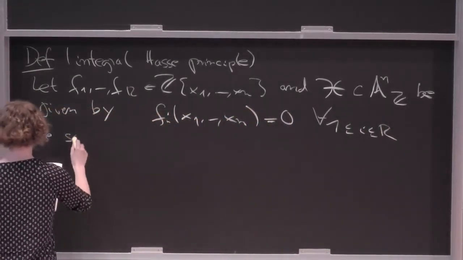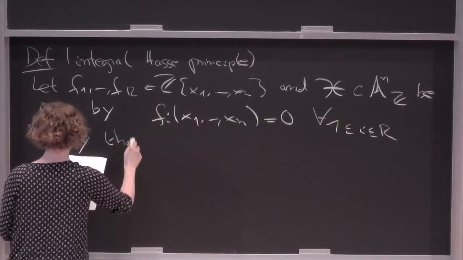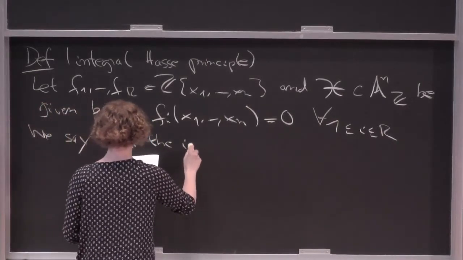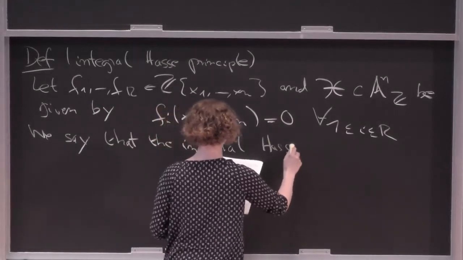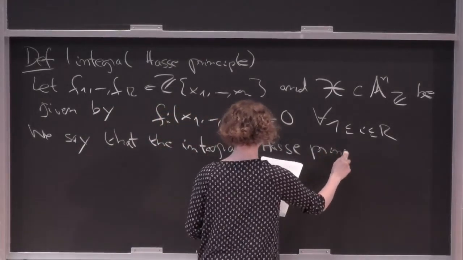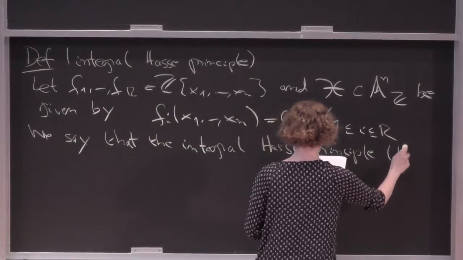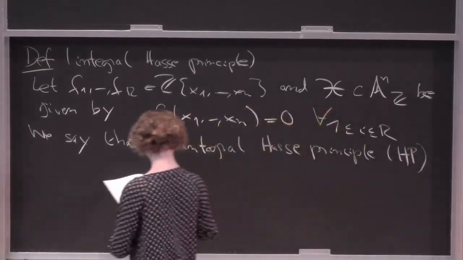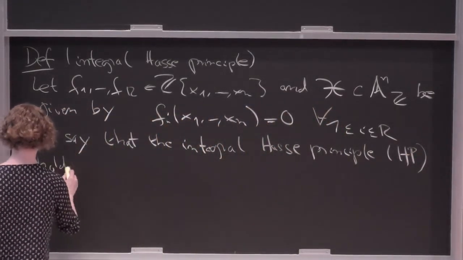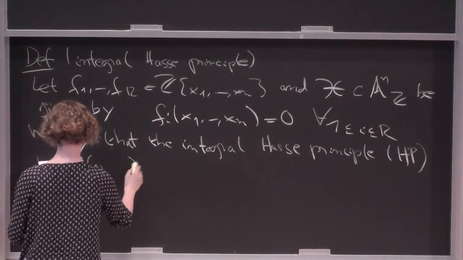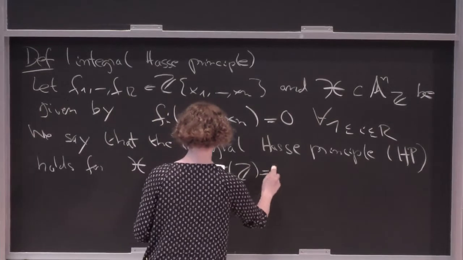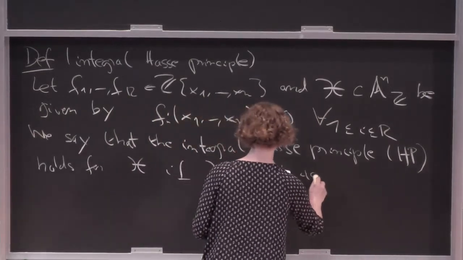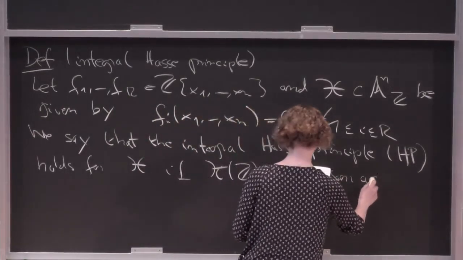And then we say that the integral Hasse principle holds for X if we find a non-trivial integer point as soon as there are local points everywhere.